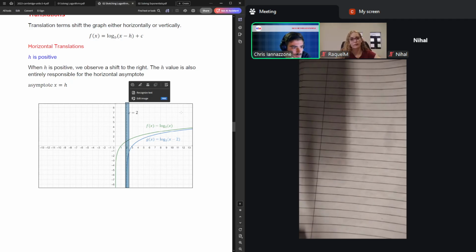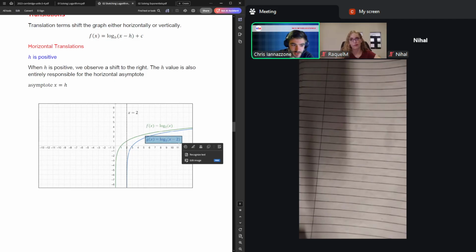In fact, it will always be the same as the equivalent exponential asymptote. So this one has an asymptote at x equals 2. If you flip this to the exponential statement, that exponential will have an asymptote at y equals 2.